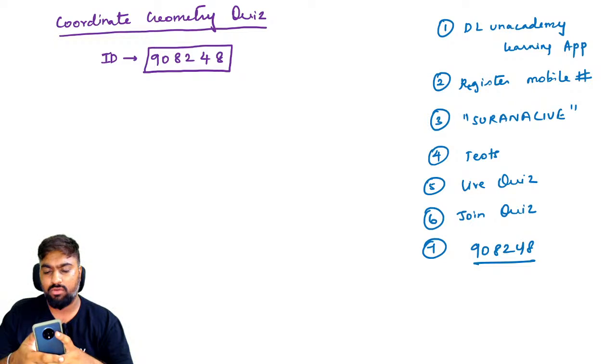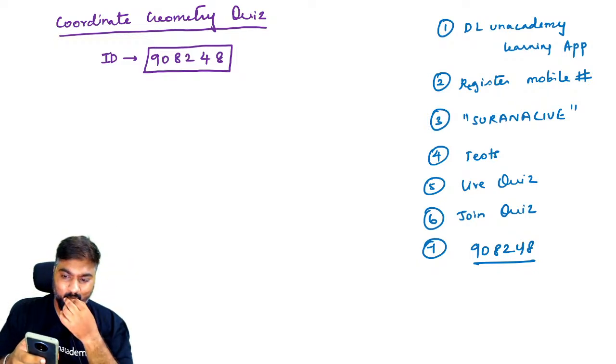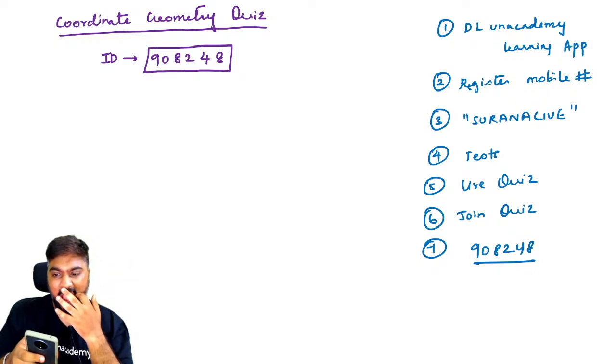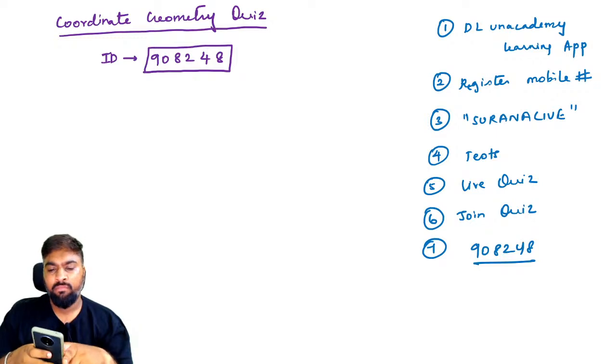Meaning don't answer from memory, solve, and after that select the answer so that you at least remember how to answer a question of similar type, right? Okay, next. Very good. Did everyone give the right answer?